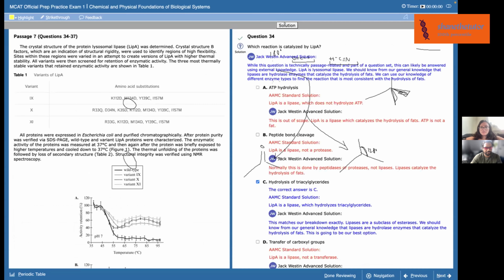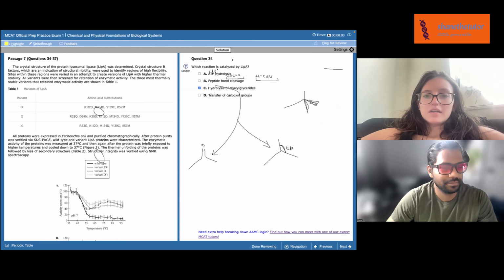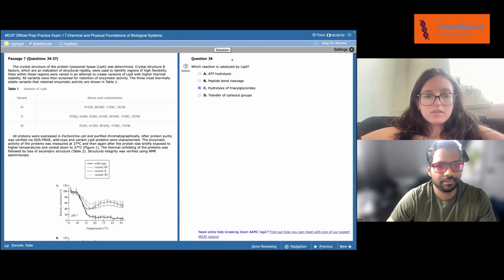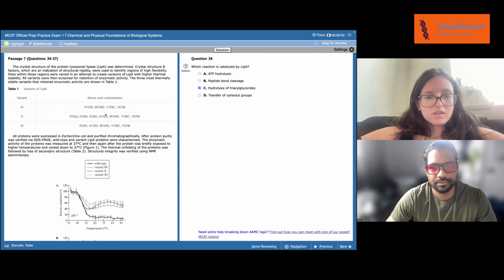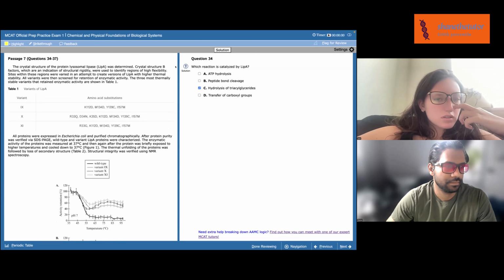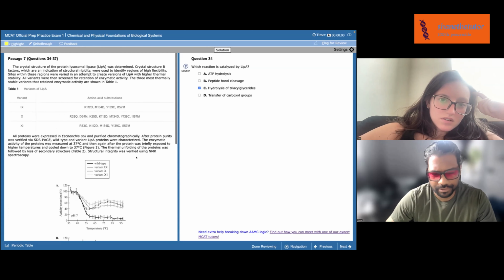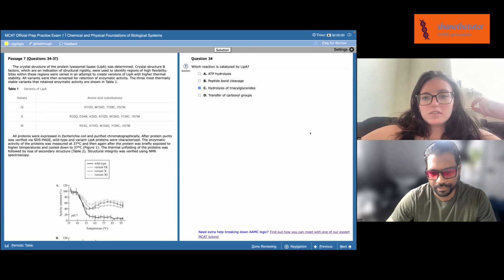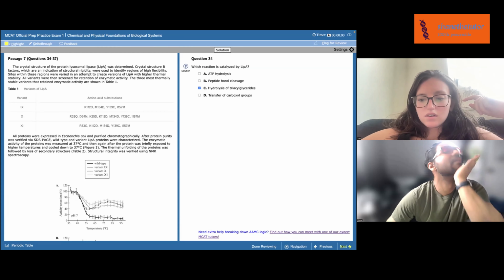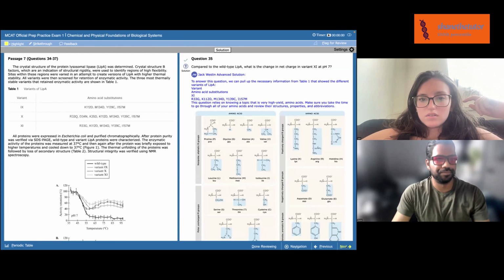All right. Catalyzed by, what's this? Should we do it, since I got it right? I don't know. How many did you get wrong for this one? Oh, this is a different passage? Yep. Two.